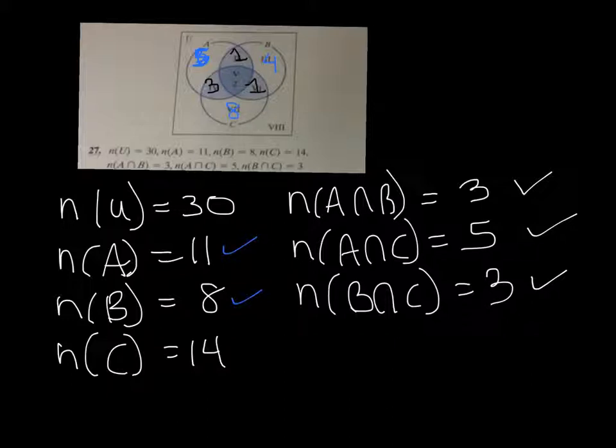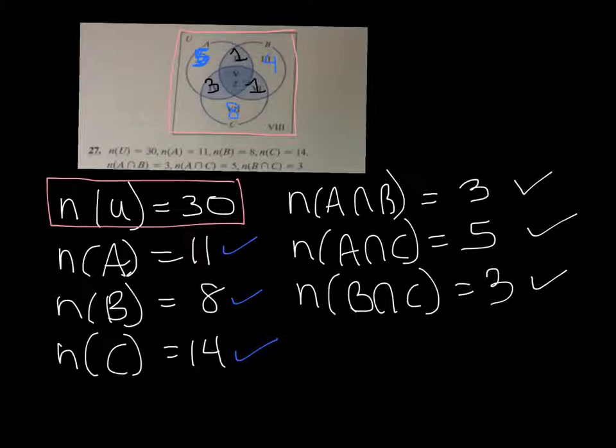And finally, we want to find how many elements are outside, in other words in the complement of A union B union C, which is out here. This is the last one. There should be 30 elements in the universal set, so we just add all these up, or in other words it's 30 minus the sum of all these numbers.